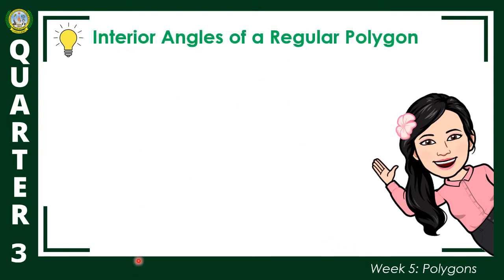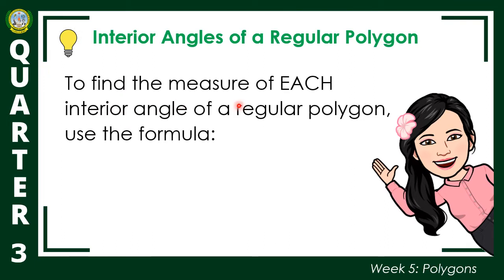So now let us try to derive how to find the measure of the interior angles of a regular polygon. Let me emphasize po na ang focus po natin ay mga regular polygons. To find the measure of each interior angle of a regular polygon, we are going to use a formula. Okay? But before that, alam na po natin kung paano nakuha yung sum ng interior angles of any polygon.